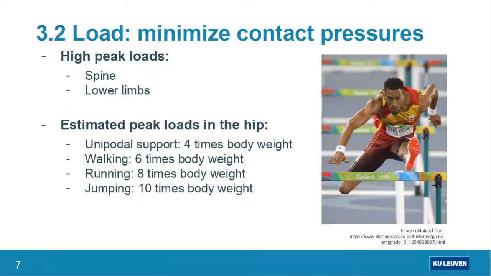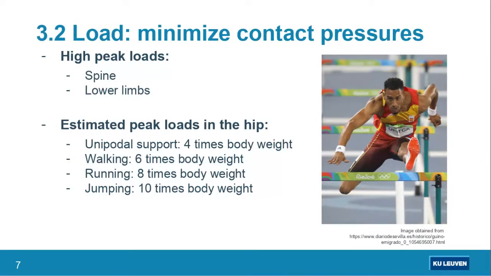The other function of articular cartilage is to minimize the contact pressures that are going to be transmitted to the subchondral bone. As you can imagine, during our daily locomotion, or if we practice any type of sport, our spine and lower limbs are going to be subjected to very high peak loads.